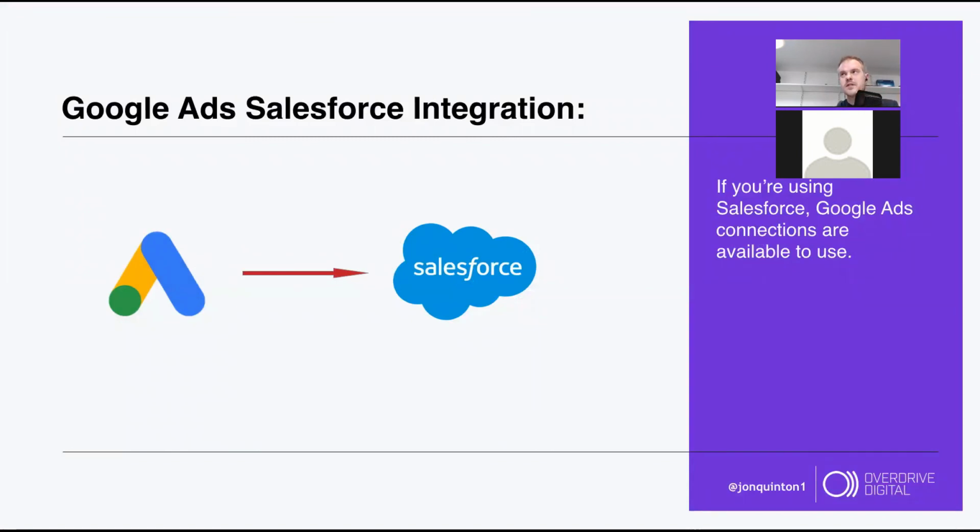Google Ads does have a Salesforce integration, so you can send your Google Ads data through into Salesforce, apply that data onto your Salesforce records, so you can track through the pipe. You can also go the other way around and import Salesforce conversions back into Google Ads. So there are some off-the-shelf connections that you can use.